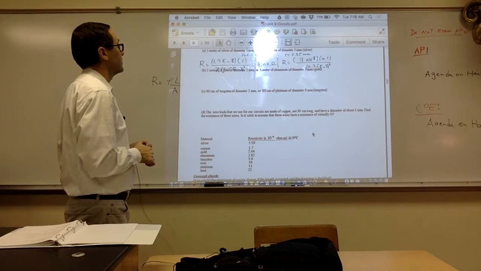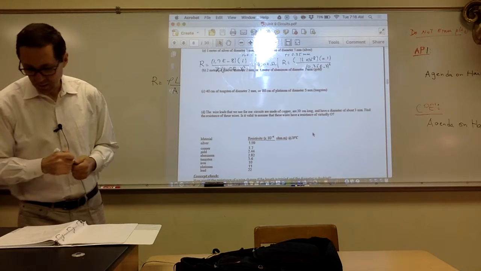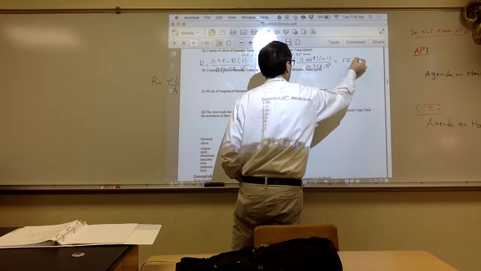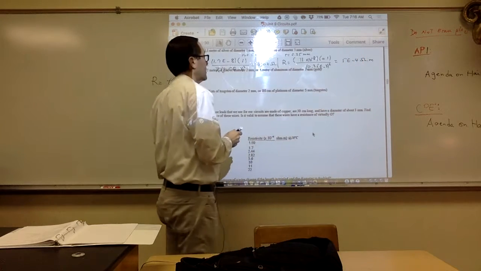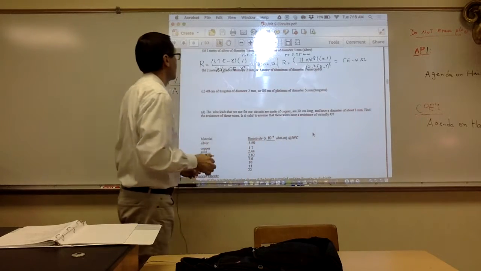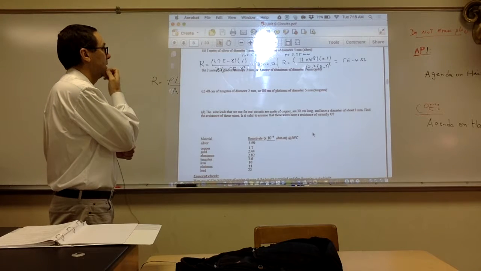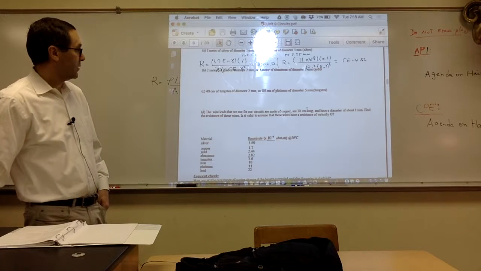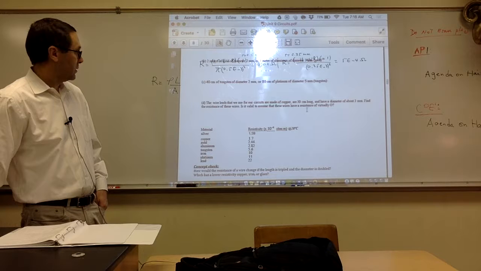Okay, and iron is going to be more, because the other one is going to be 5 times 10 to the negative 4 ohms. And I think you can do the same thing for the other ones. It's not too bad.